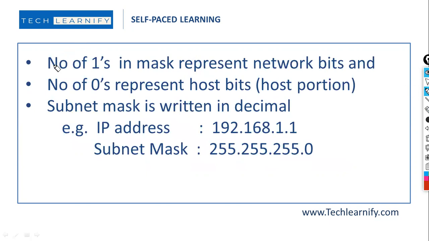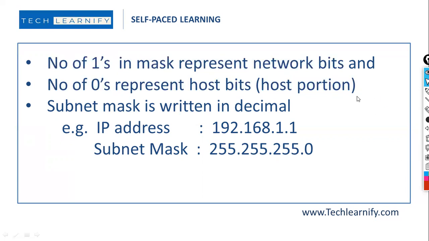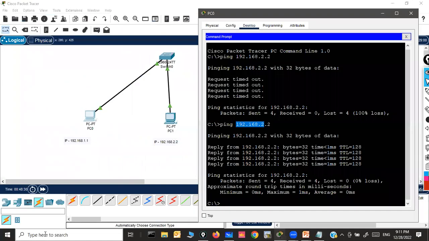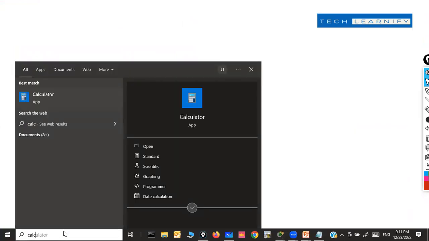Number of ones in the mask represent network bits, number of ones in binary, and number of zeros represent host bits. So if, let's say, you don't know how to convert an IP address and subnet mask, if you open up calculator, program calc, let me open this.